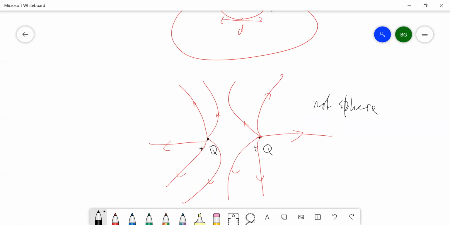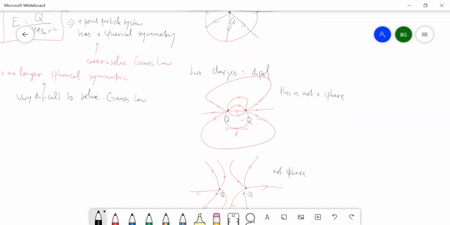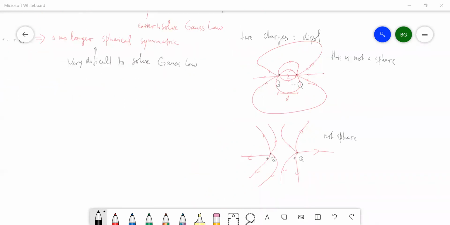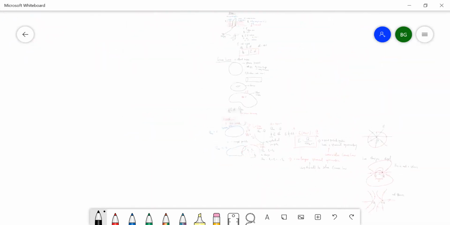Okay, any question? No question. Practice by drawing 3 charges. What do the lines of the electric field look like for 3 charges?